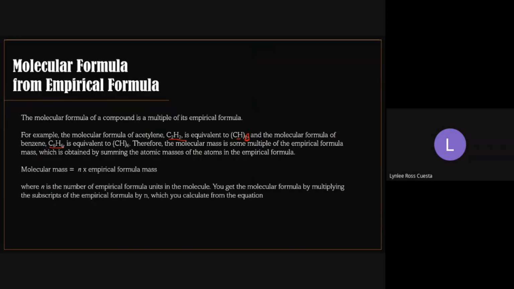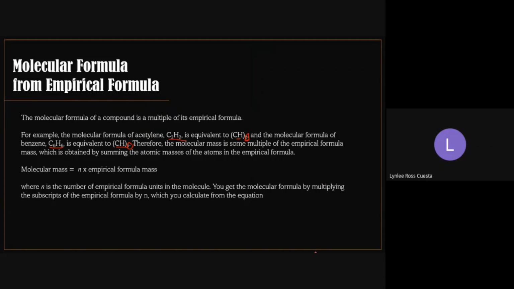C6H6. However, it is also equivalent to CH times 6. So therefore, the molecular mass is a multiple of the empirical formula mass, which is obtained by summing the atomic masses of the atoms in the empirical formula.